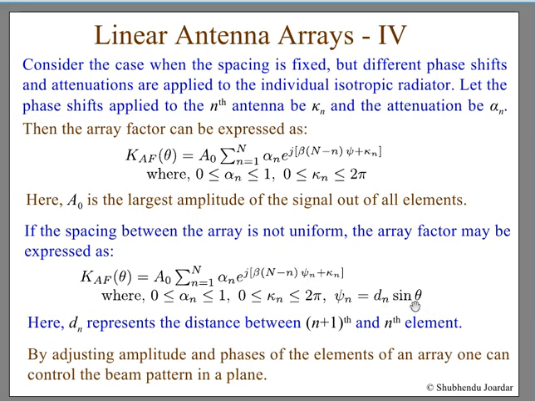So the same expression will be modified by this one. dn represents the distance between the n plus 1th element and the nth element. By adjusting the amplitude and phases of the elements of an array, one can control the beam pattern in a plane.